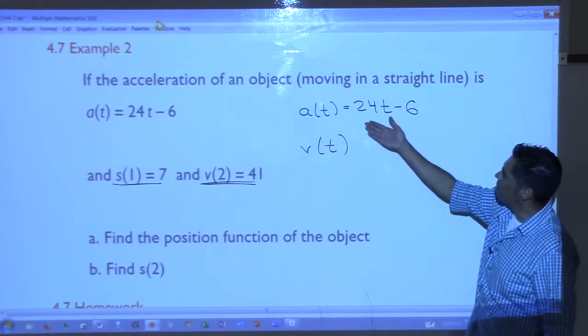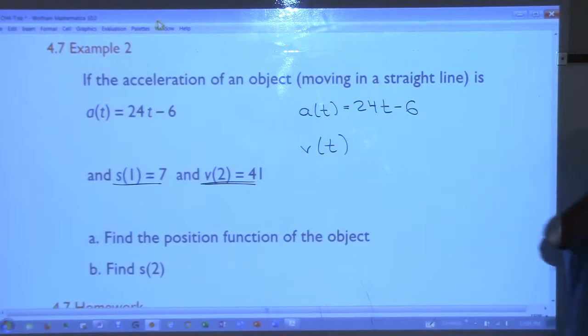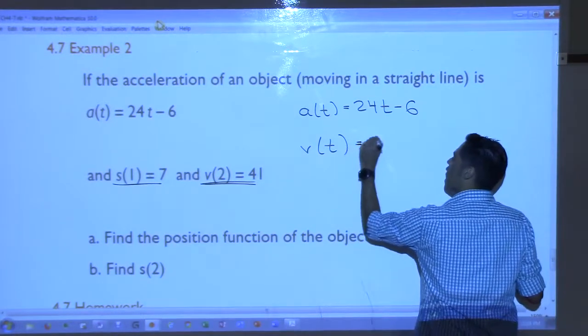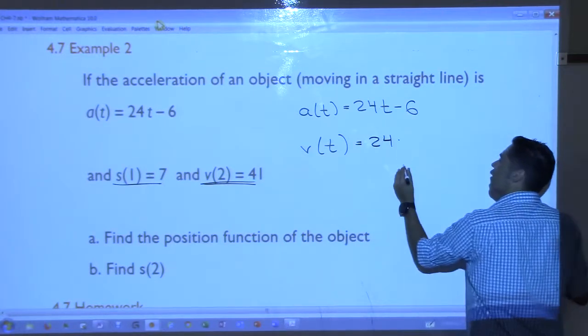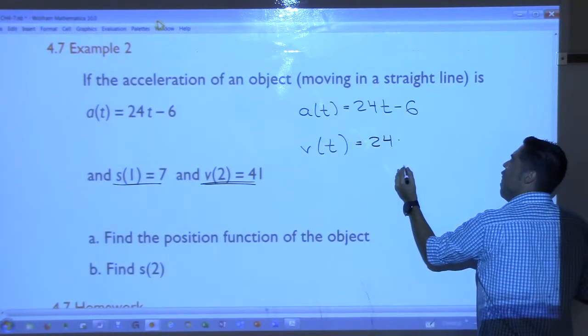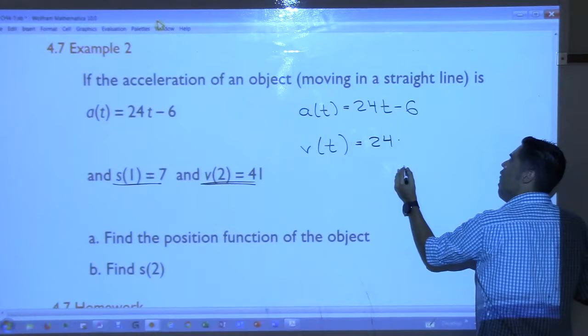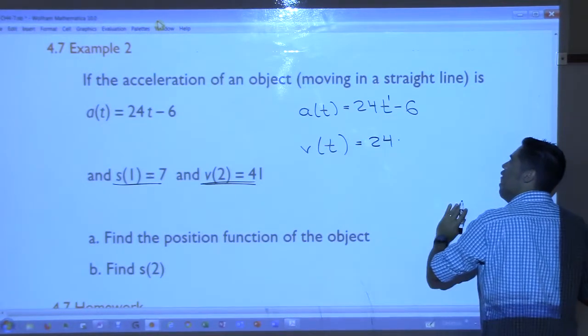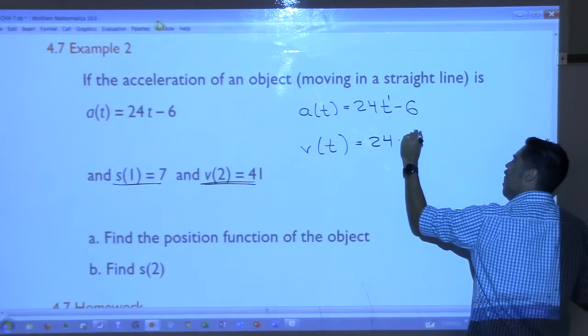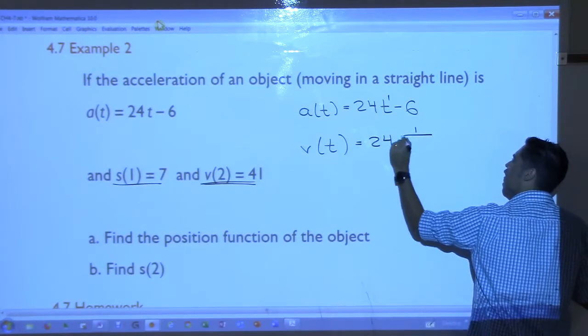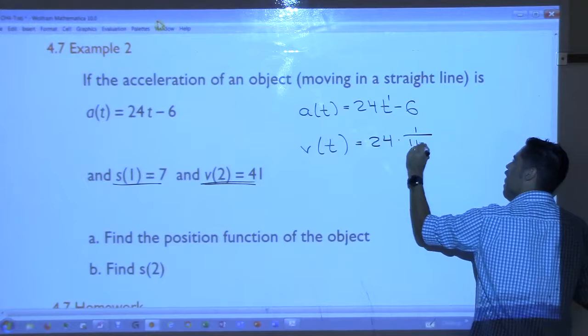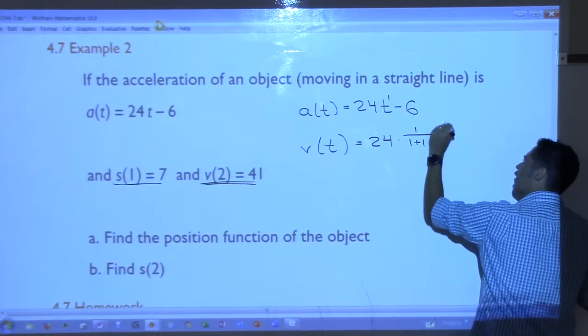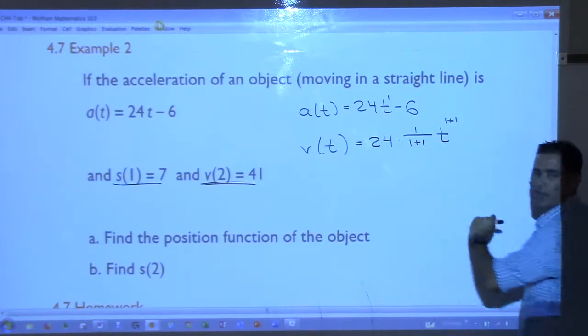Okay, so the antiderivative of 24t is what we're looking for. 24 comes down, t plus 1, so the power here is 1, right? So it'd be 1 over 1 plus 1, t to the 1 plus 1.